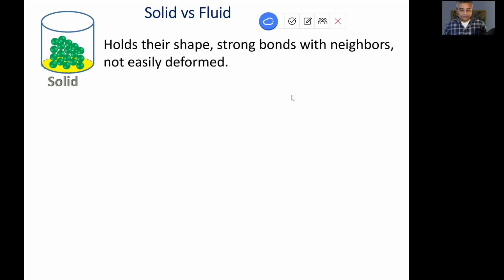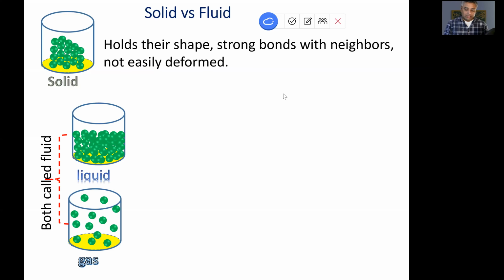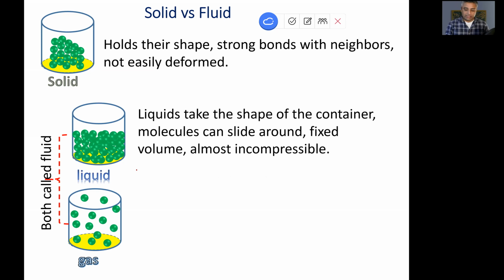But in a liquid, they cannot move far apart from each other, but they can slide around. Because of that, they can change their shape to the shape of the container. And gas, oh, they can fly around.